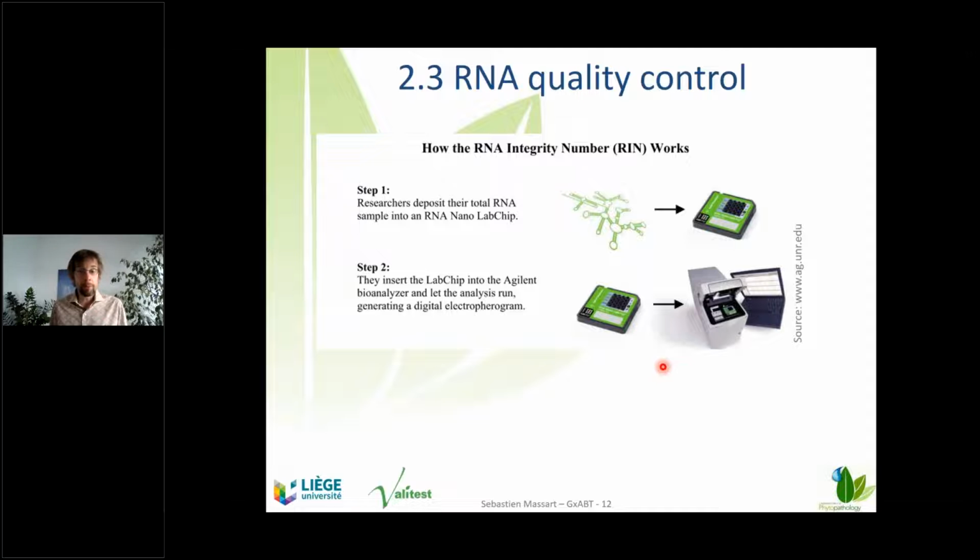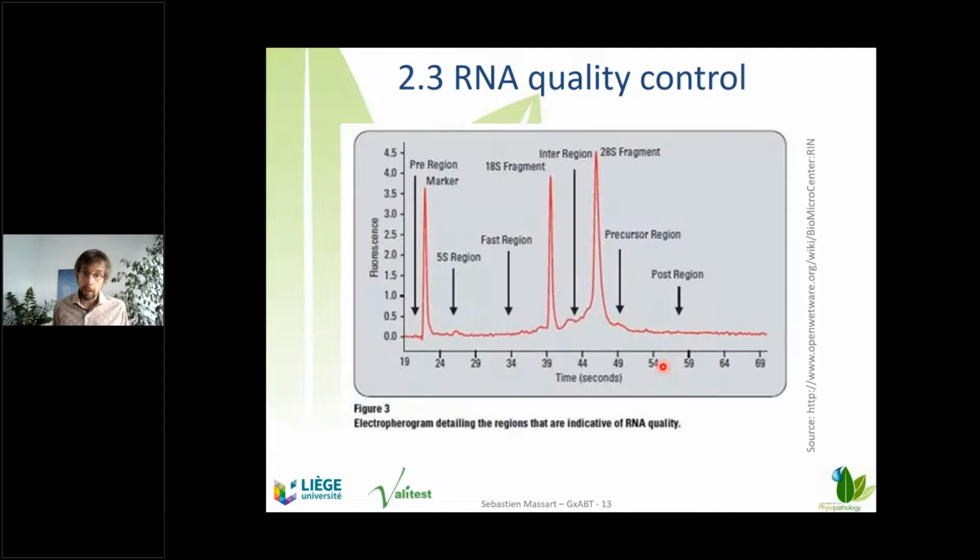This machine can also be used for DNA, but I give here an example on RNA. So what do you get on the electropherogram? You get this kind of observation. You get the marker, you get the profile with the fast region, so short time, which means short RNA.